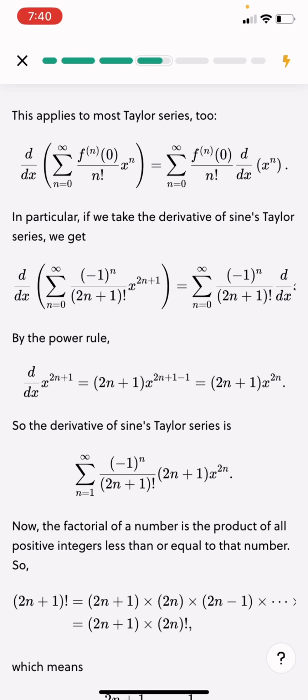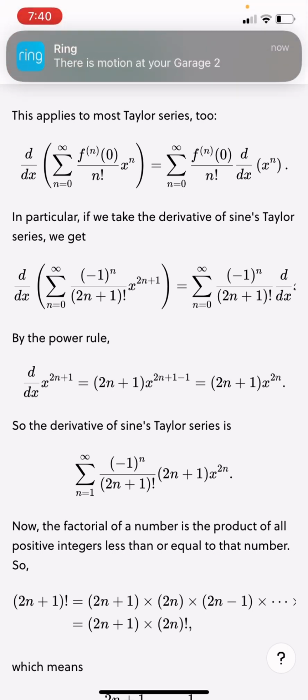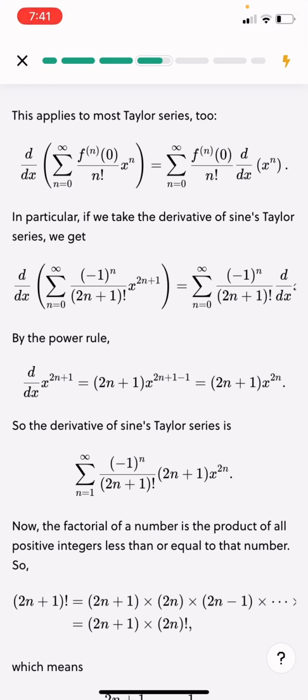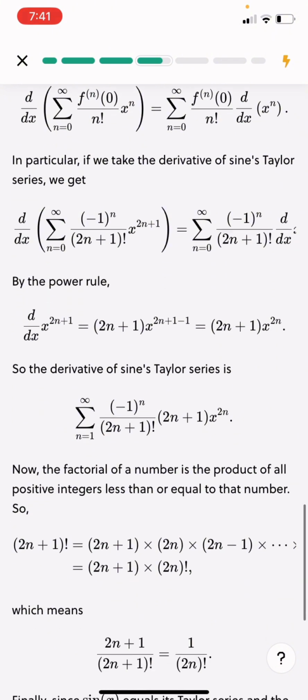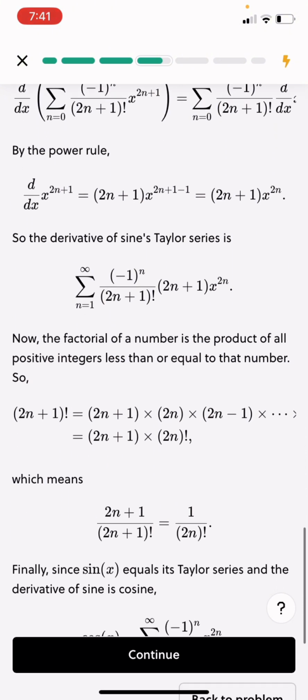I could read it, but here, I'll read the power rule at least. The derivative of x to the 2n plus 1 equals 2n plus 1 times x to the 2n plus 1 minus 1, which equals 2n plus 1 times x to the 2n. So the derivative of sine's Taylor series is the sum from n equals 0 of negative 1 to the n over 2n plus 1 factorial, times 2n plus 1, x to the 2n.